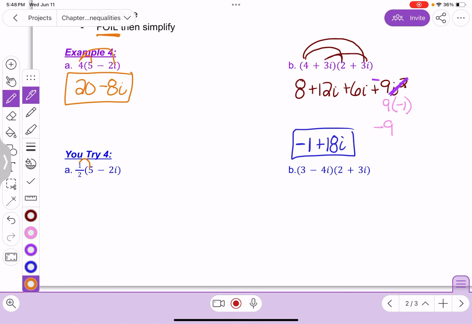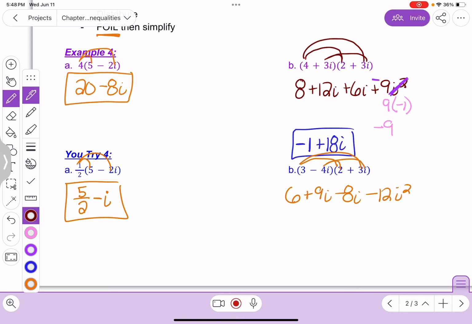All right. 1/2 times 5 is 5 halves. And 1/2 times negative 2 is negative 1, or just i. And then when we FOIL, first times first, outside times outside, inside times inside, last times last.